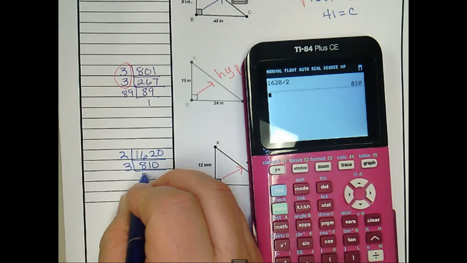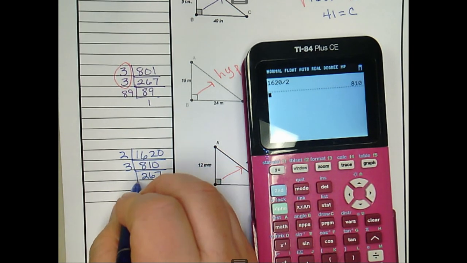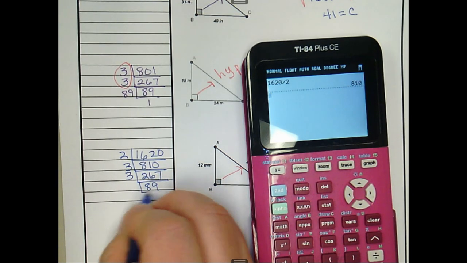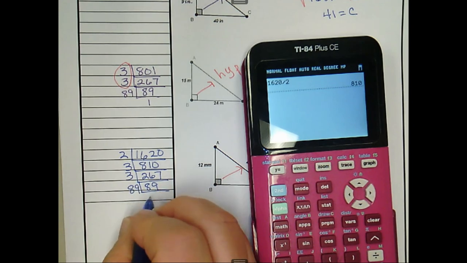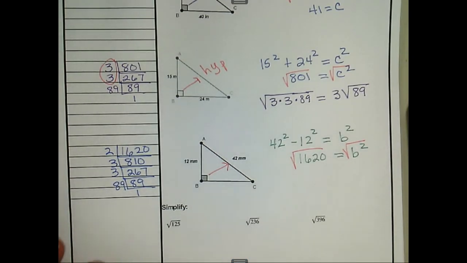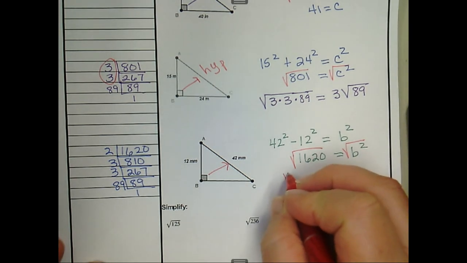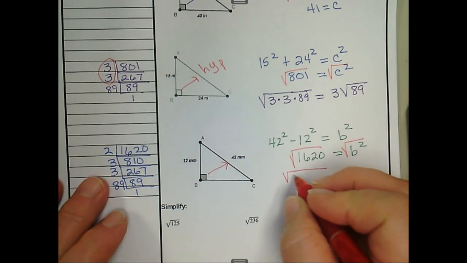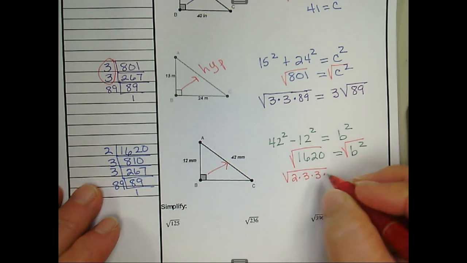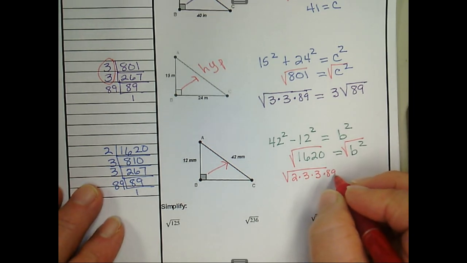I get 270. Divide it by 3. I get 90. Divide it by 3, and I get 30. So this is the square root of 2 times 3 times 3 times 89.